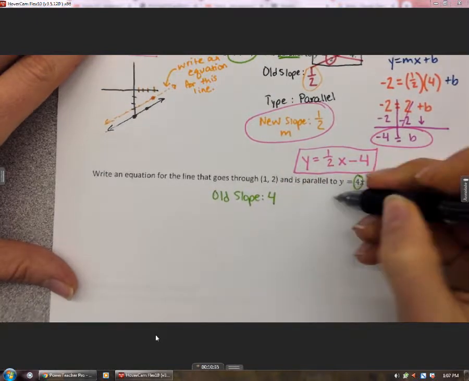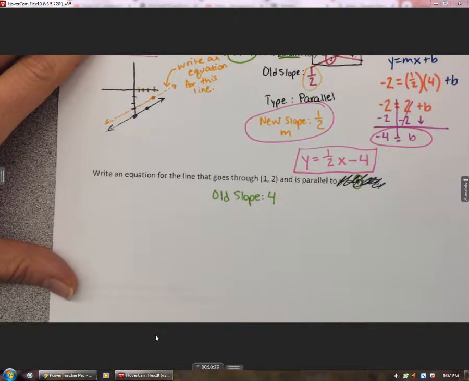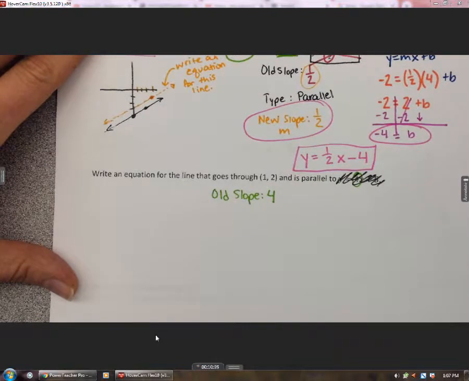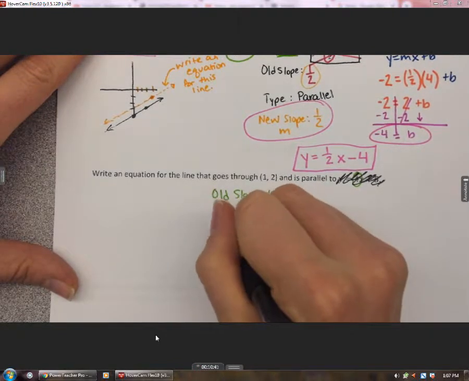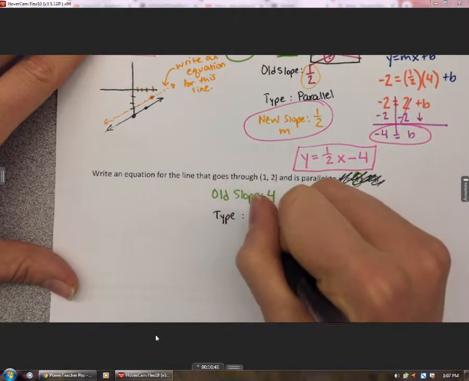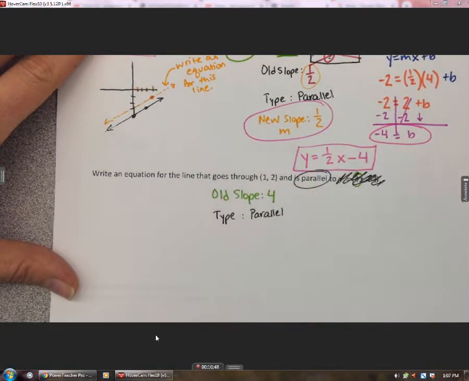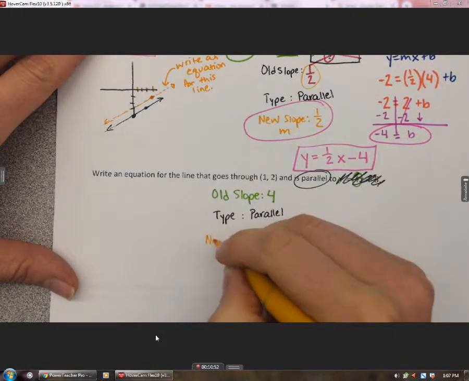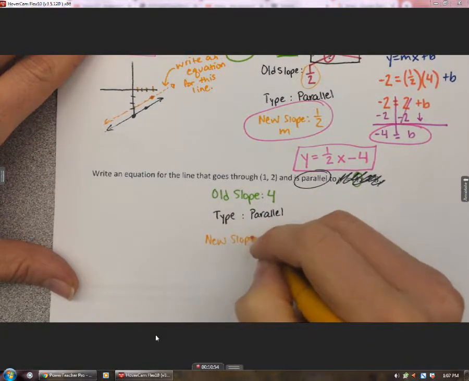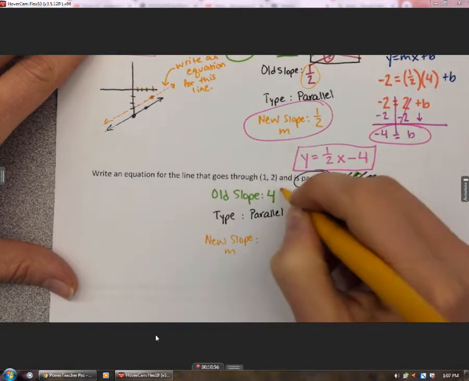Once I get that, I'm going to scribble this equation out. It does not do anything else for me. The type of line is parallel, because they tell me in the problem. So that means my new slope, m, is going to be 4.